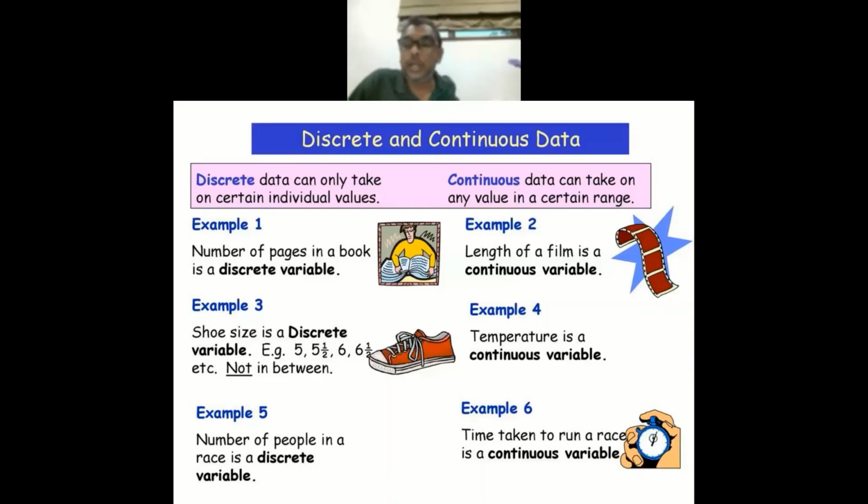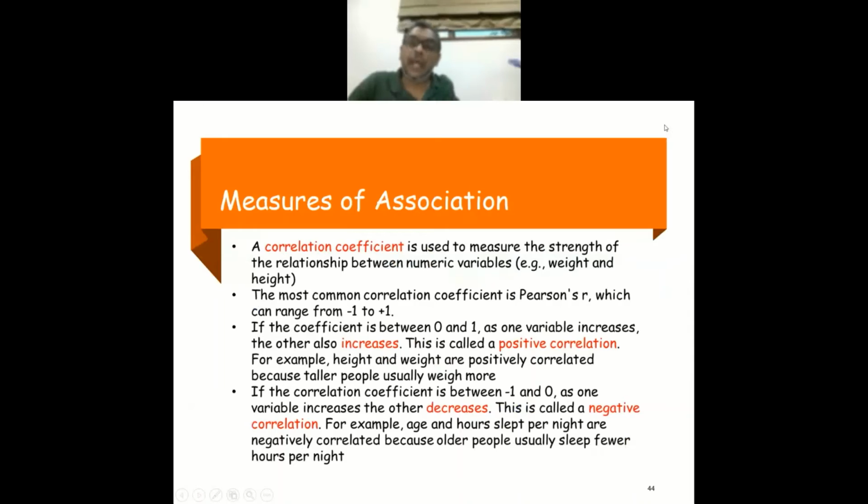Okay? So based on this, we want to determine our correlation coefficient. What is the meaning of correlation? It measures the strength, kekuatan di antara variable ini dan ini. Example, exercising, losing weight. Kedua-duanya ialah variable.